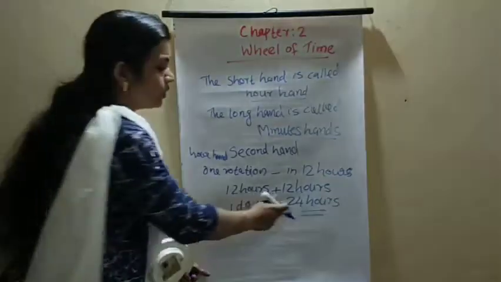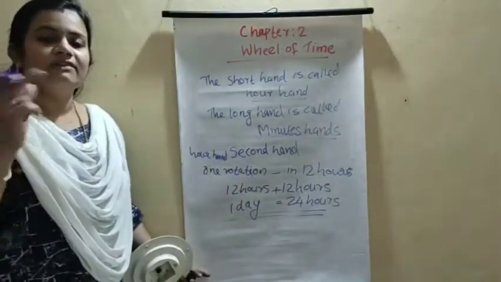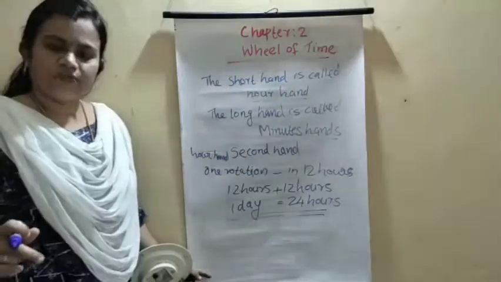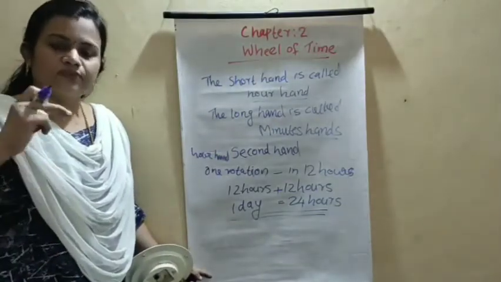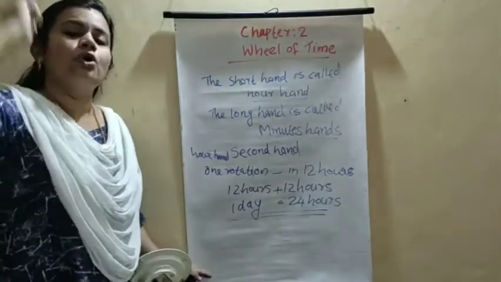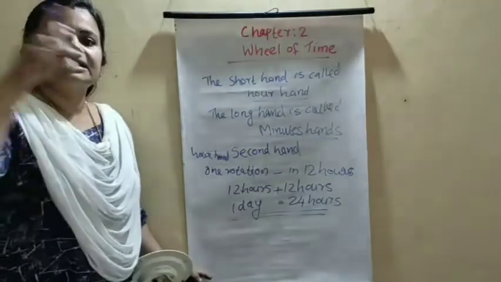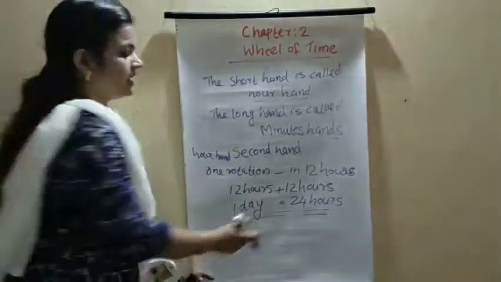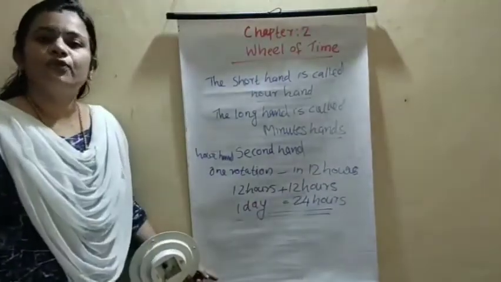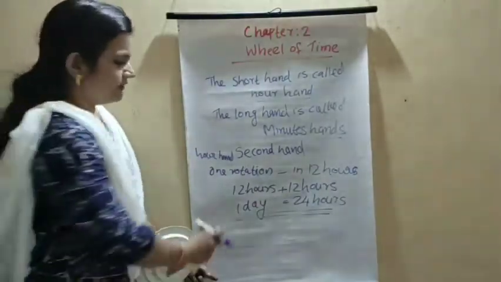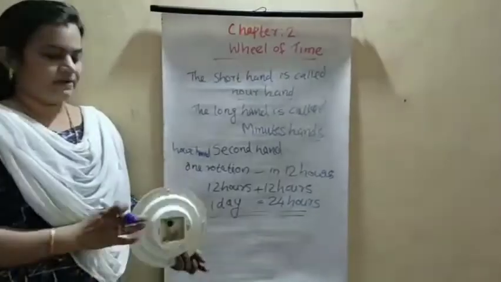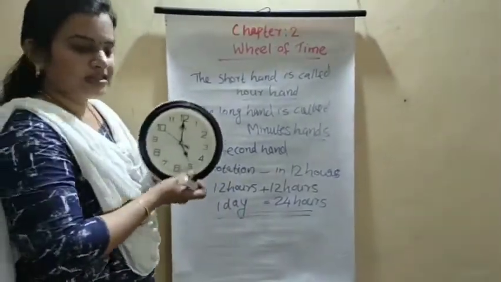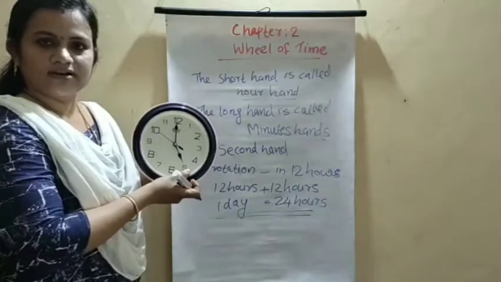Midnight 12 to afternoon 12 o'clock, then afternoon 12 o'clock to midnight 12 o'clock. These are the 2 rotations. From midnight 12 to midnight 12, how many hours? That makes 24 hours. Understood? Then 1 day equal to 24 hours. Now what is the time now? This is 5 o'clock.